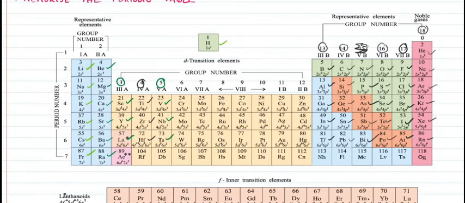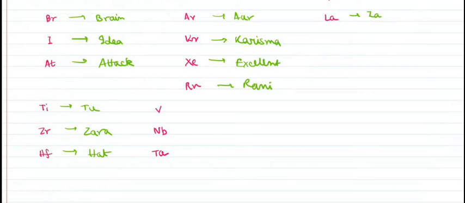Vanadium, niobium, tantalum. What we can do, V vanadium is Wo, Nb is Nawab, Ta is Tha. Wo Nawab Tha.